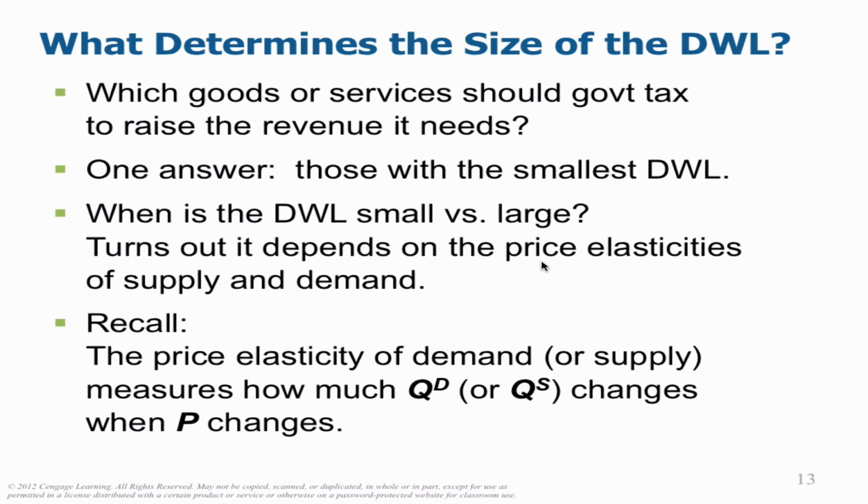Price elasticity of demand or price elasticity of supply is the measure of how much the quantity demanded or quantity supplied changes when price changes. Did I say that right? Yes.